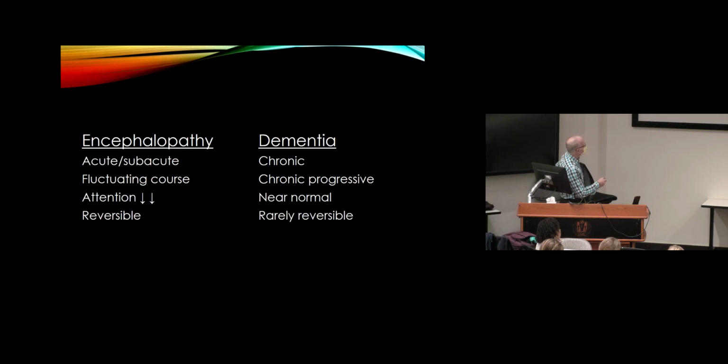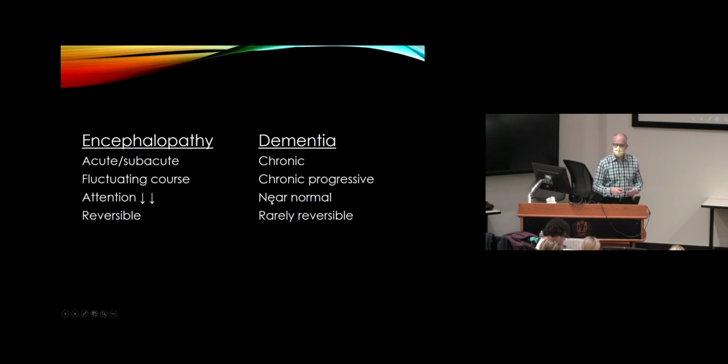But really what's very helpful, seeing a patient at a moment in time, is the level of attention. In encephalopathy, these patients are sleepy and confused. You come in, they're drowsy, and you have to tap them on the shoulder. All right, Mr. Jones, wake up. And Mr. Jones wakes up, kind of groggily answers a few questions, and then falls asleep again. That's what encephalopathy looks like. Very different than dementia like Alzheimer's.